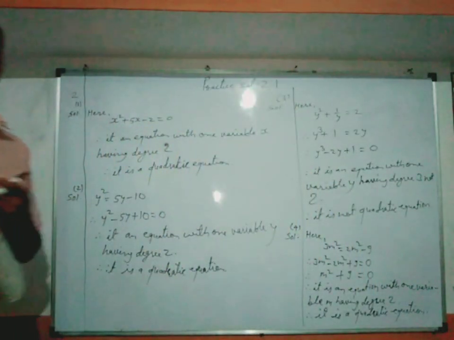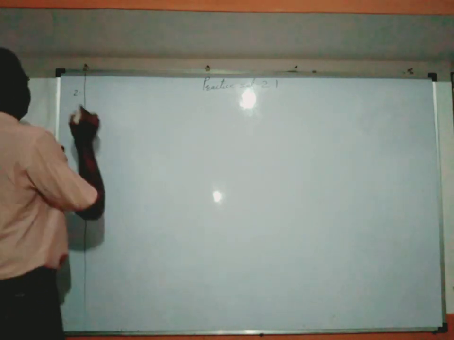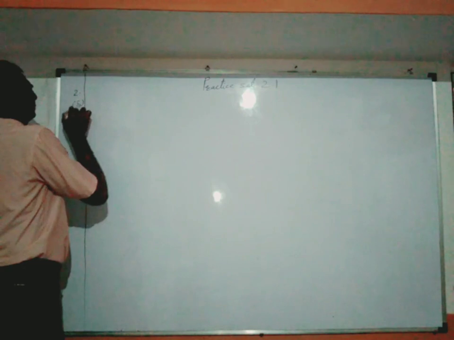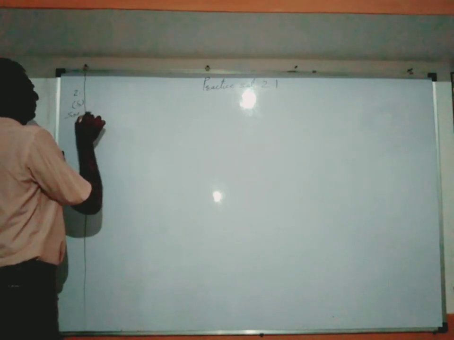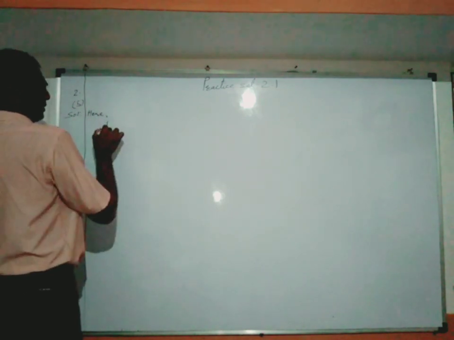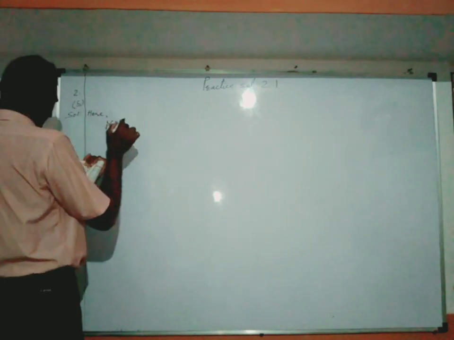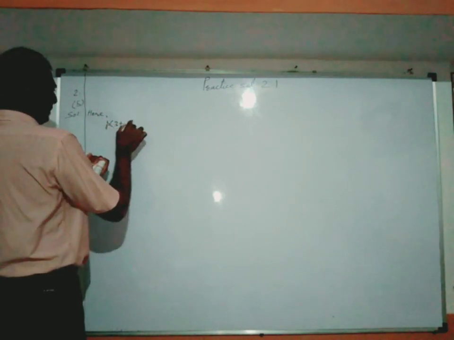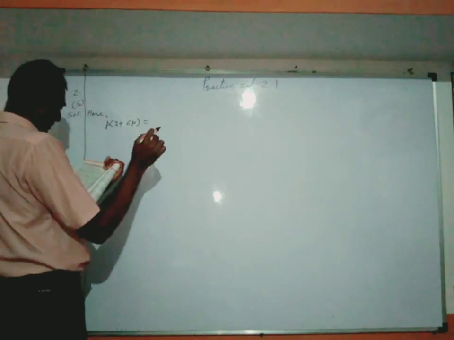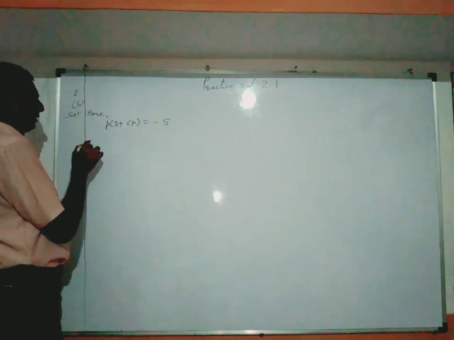Okay? Number 5, solution. Here, given equation is p in bracket 3 plus 6p equals minus 5. First of all, let's simplify it.